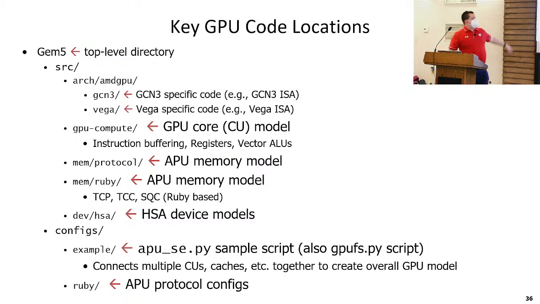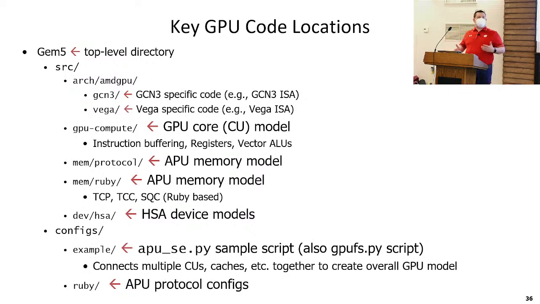Inside the source folder, there's an arch AMD GPU folder, GPU compute, the mem protocol, and mem Ruby, which contain the GPU-specific Ruby protocols that Jason mentioned these folders having before. That is where you'll find the bulk of the code for the registers, the vector ALUs, the core, the instructions, all that fun stuff. In the configs folder, today we're going to focus on this APU se.py sample script.